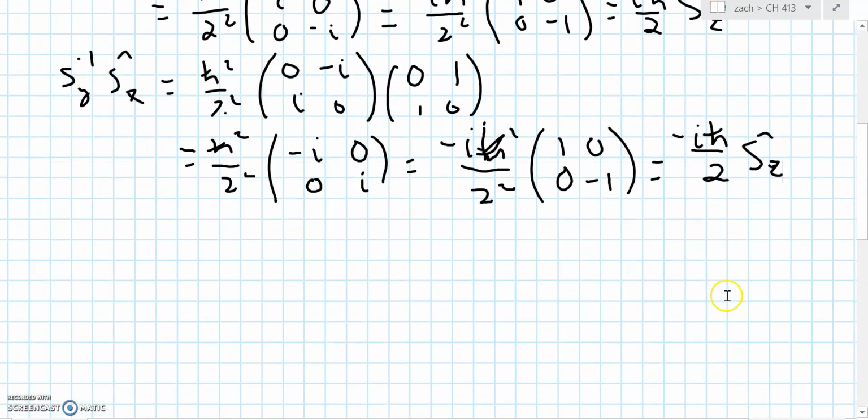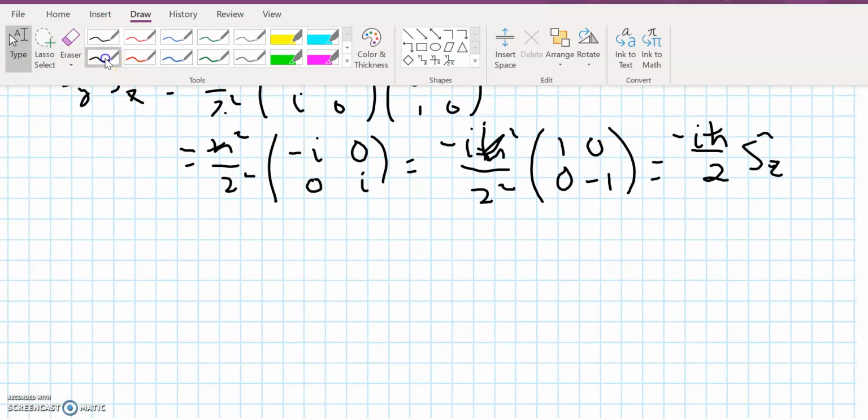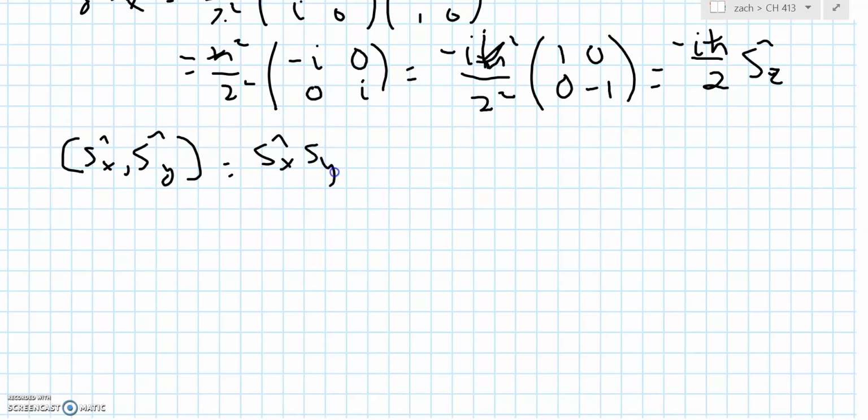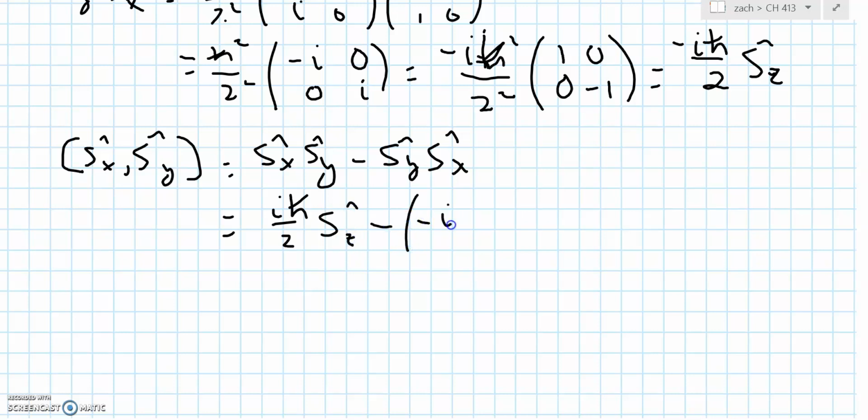Now we're going to put together all the information that we know. The commutator that we were considering in this problem was [SX, SY], which is SX SY minus SY SX. So this is I H bar divided by 2 SZ, minus a minus I H bar divided by 2 SZ.